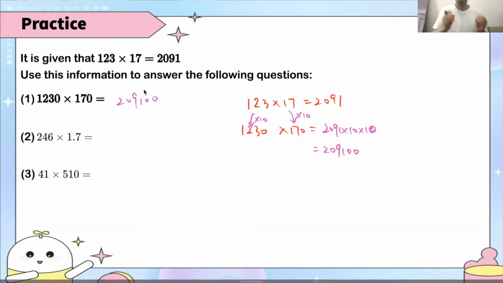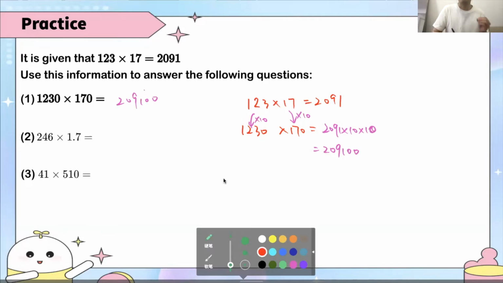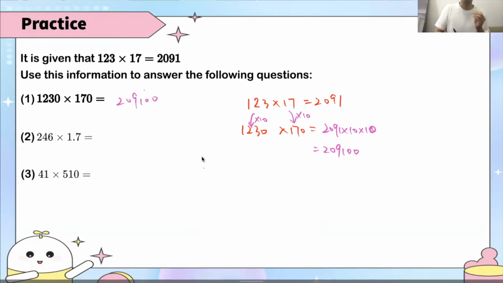So how about the next question? 246 times 1.7. If you cannot quickly find the answer, it doesn't matter. We can slowly find how we change on the multipliers. 123 times 17, that is 2091. 246 times 1.7. Okay, first, how do we change from 123 to 246? We just times 2, right?